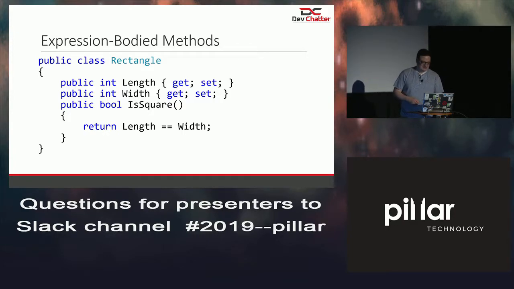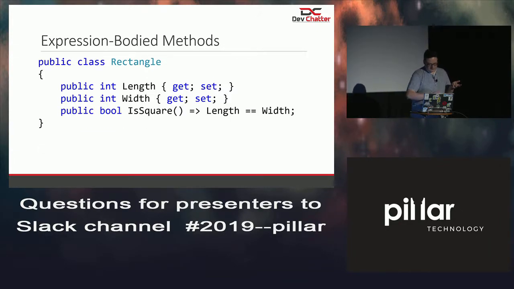Essentially, the idea is this. Instead of having a fully declared body of a method, with all the curly braces and everything like that, you can instead assign an expression to it, and it's going to use the same syntax as lambda expressions do in C#. So essentially, you do this.